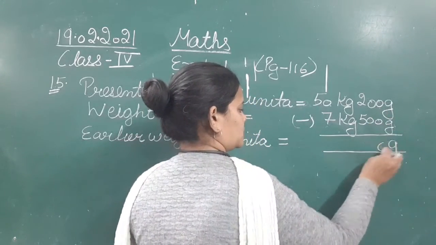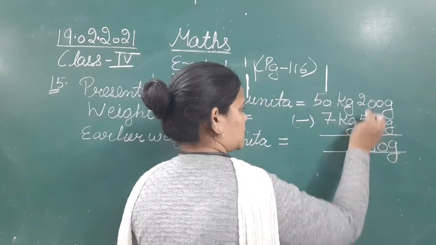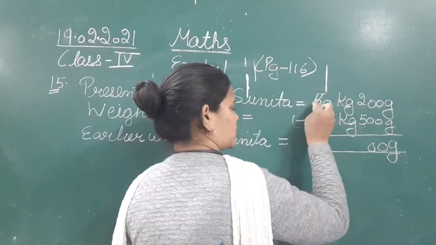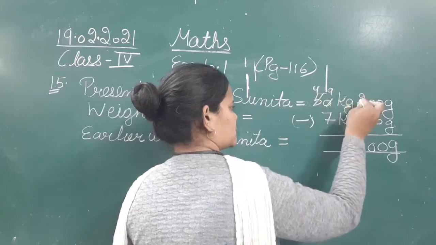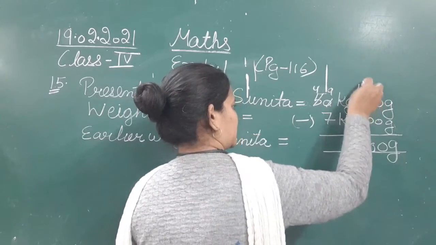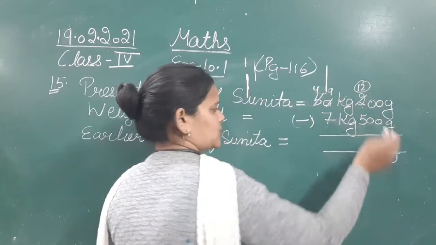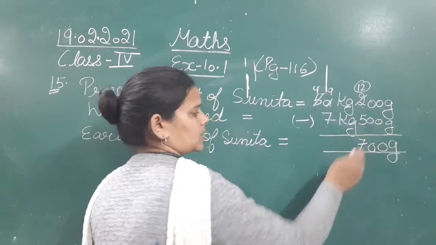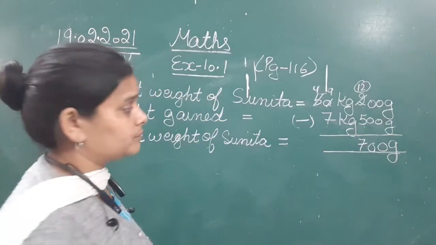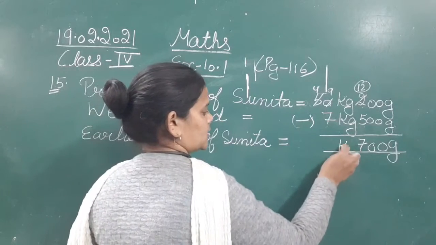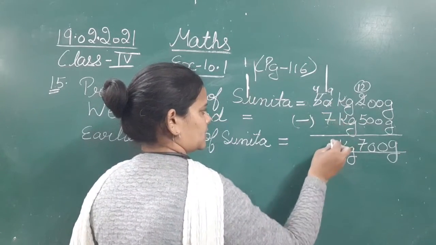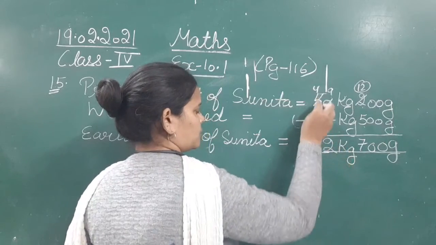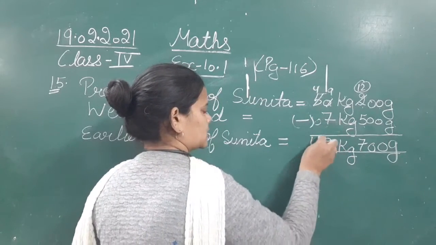0 minus 0, 0 minus 0 is 0. 2 minus 7 not possible, so it will borrow from here. It will become 4. It will become 9 because it will give 1 to this. It will become 12. So 12 minus 5, that is 7. So we will write kg as it is. Okay, 9 minus 7 is 2. 4 nothing, that is 4.